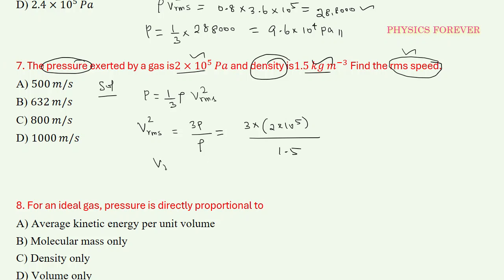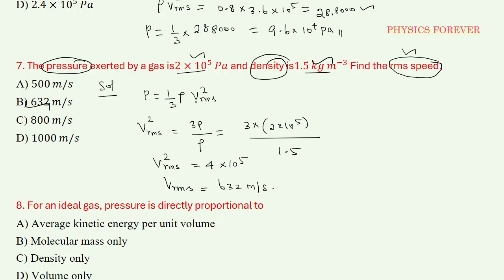Substituting, we get 4 into 10 power 5. Next we take the square root, and the root mean square velocity is 632 meter per second. So option B is correct.